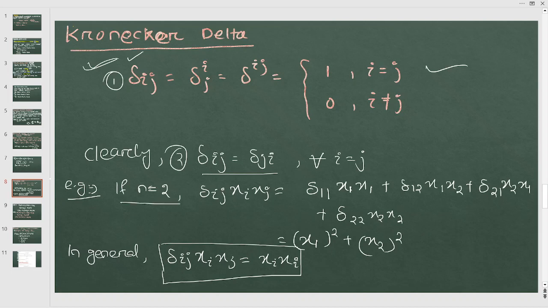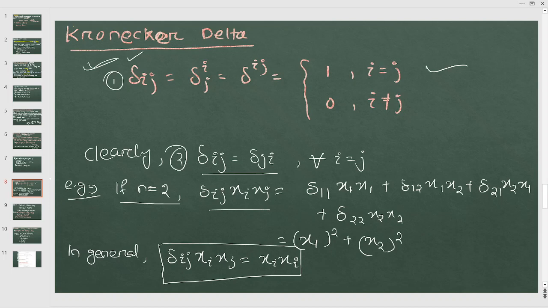Next, I have taken an example. If n is equal to 2, delta ij xi xj is equal to, how do I write it? See, n is equal to 2 is given, so delta 11 x1 x1 plus delta 12 x1 x2 plus delta 21 x2 x1 plus delta 22 x2 x2. I am just putting in the values of i and j, that is 1 and 2.